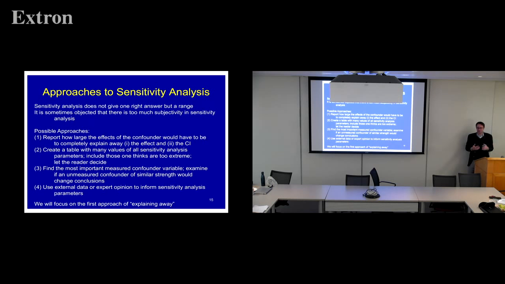And I think it's a reasonable objection and one that needs to be taken seriously, but I think there are a variety of different approaches that can more objectively ground sensitivity analysis.